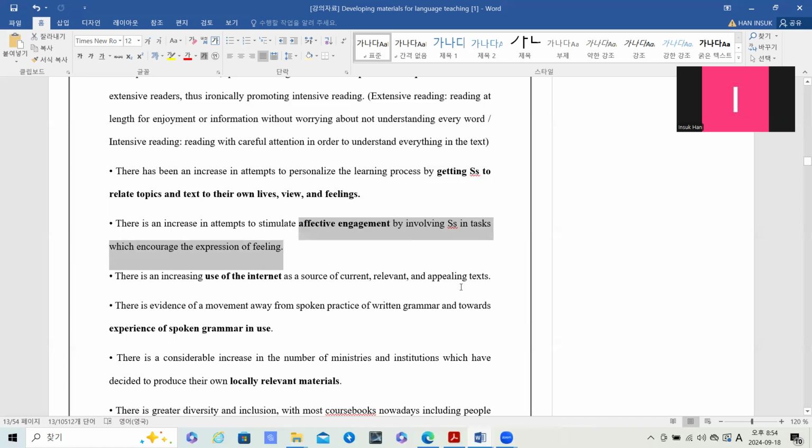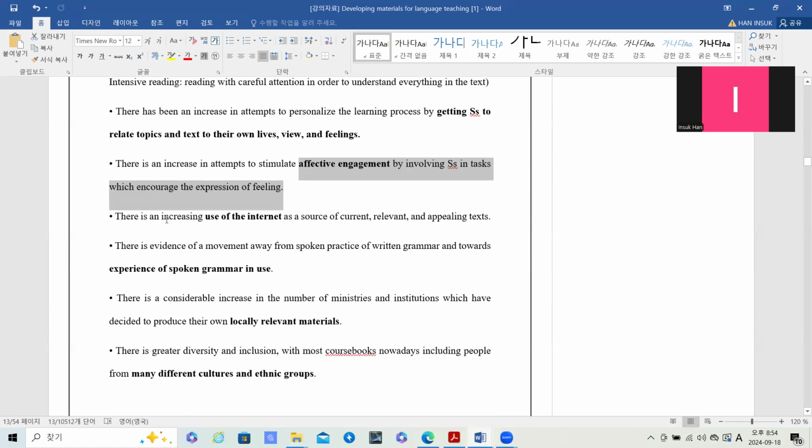These kinds of activities can stimulate communicative language teaching because expression of feeling could be very different among the students. This means that the questions or the activities do not require predetermined answers.